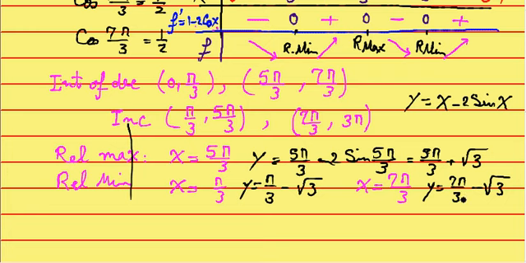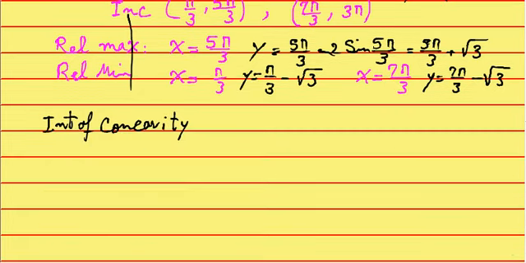Next issue, which is intervals of concavity. Intervals of concavity, we want to find that. Well, so far you remember that our function was x minus 2 sine of x.